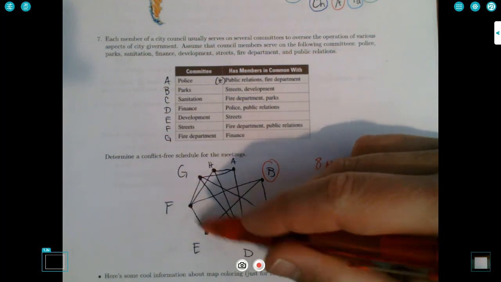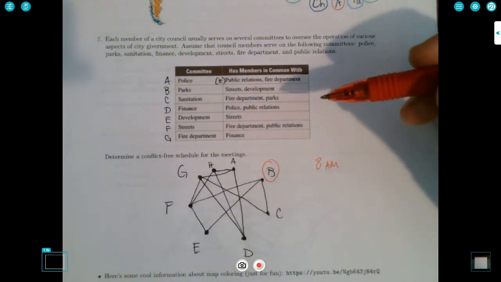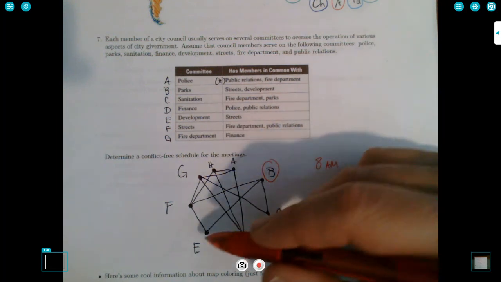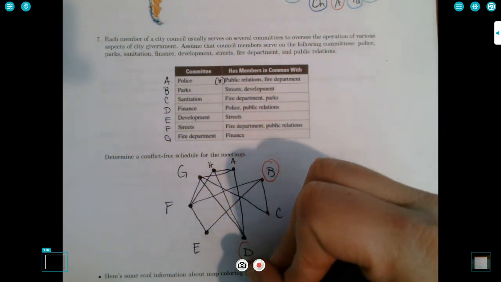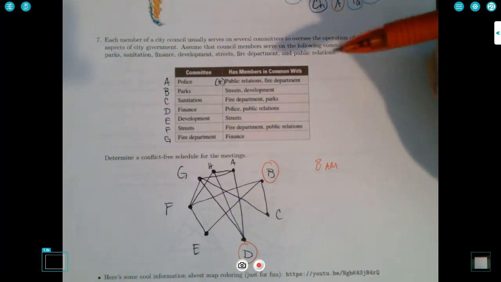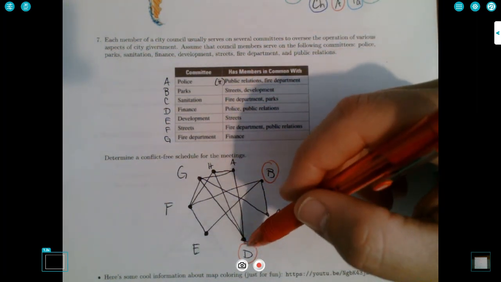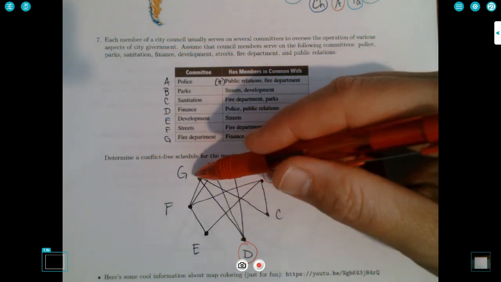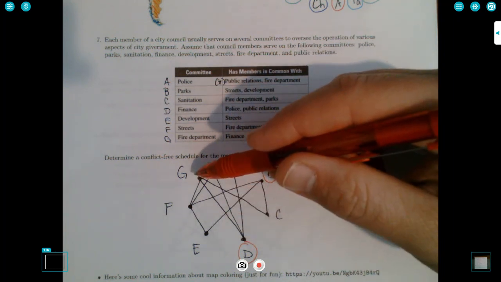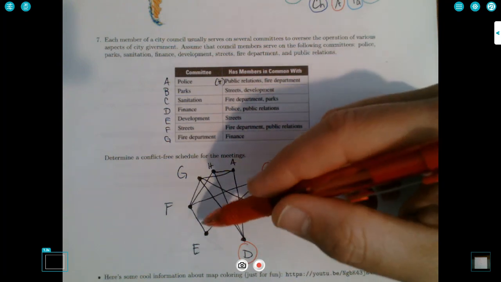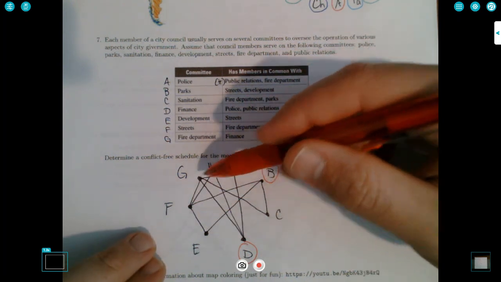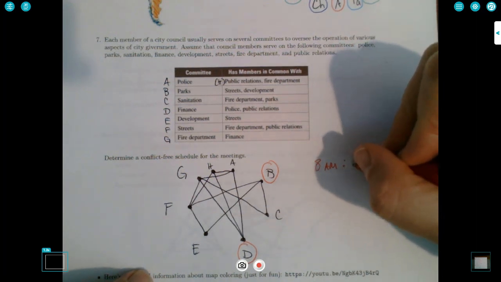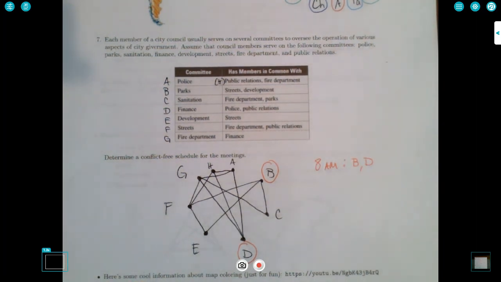Because they have members in common. I could do D though. If I do D, I can't have A, H, or G. And from this one, I couldn't do C, E, or F, A, H, or G. So that takes care of all of them. So I can't do any more at 8 a.m. I can only do B and D.